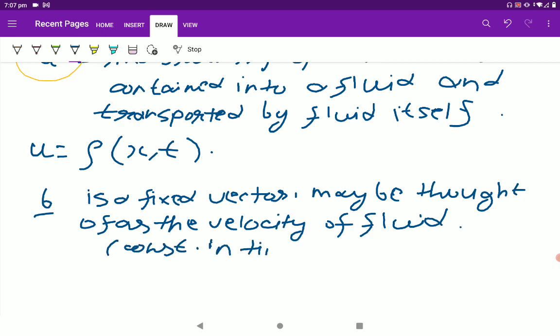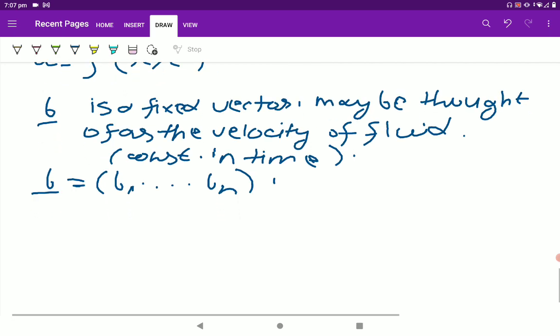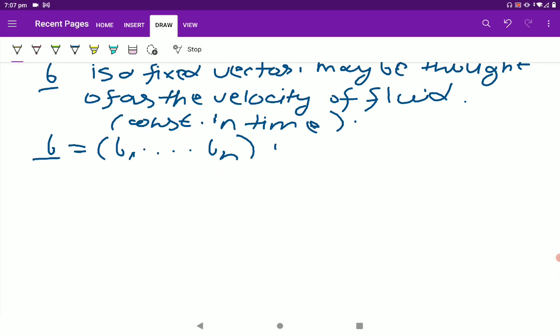So we can write b as b1 up to bn. So this was for b.